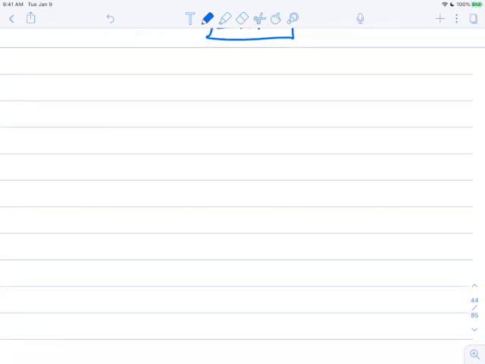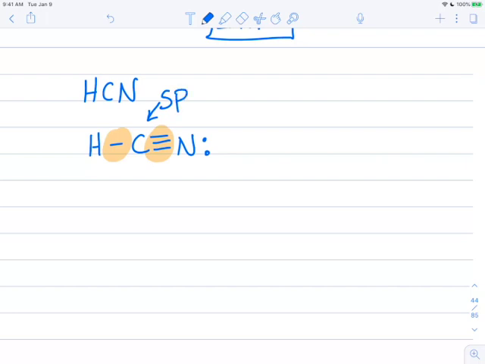So here, hydrocyanic acid would look something like so. What would the hybridization around the carbon be? sp, excellent, because you only have 2 electron clouds around that carbon.